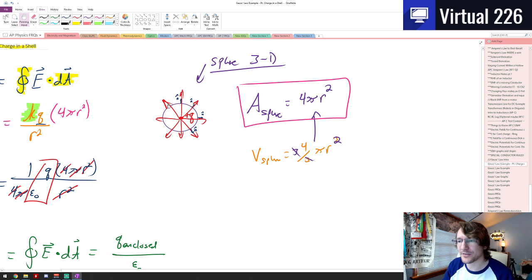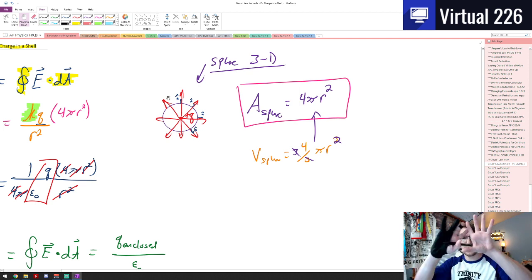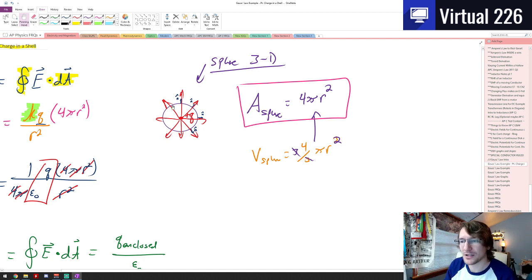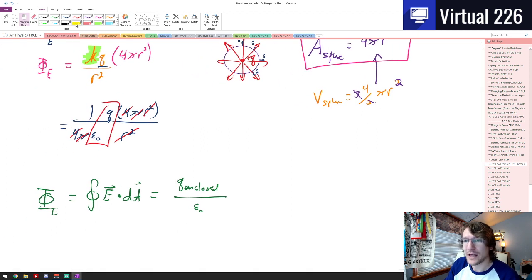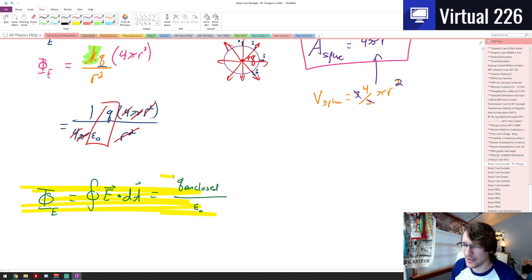We made a surface here, a sphere, we've encapsulated our charge, and then we said, look, the Q here is that charge enclosed. It's inside of our surface, divided by epsilon naught. So this right here is the full Gauss's law, and really understanding that flux is just equal to the charge enclosed inside your shape, whatever it is, divided by epsilon naught is very helpful.